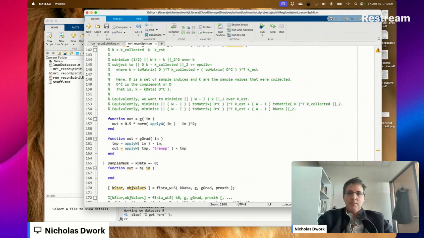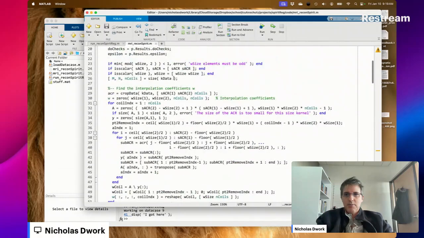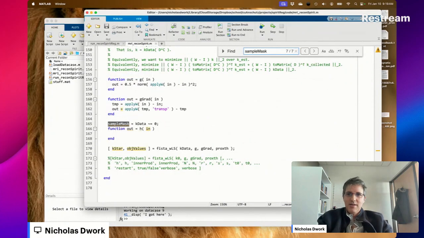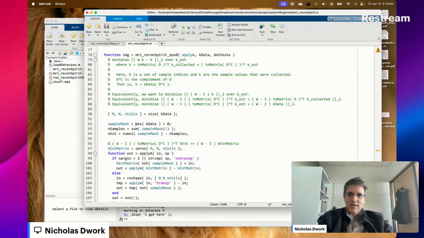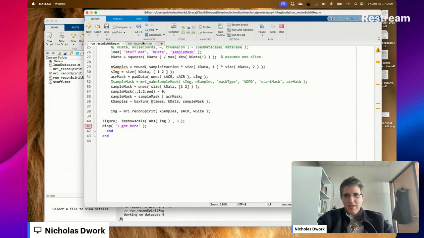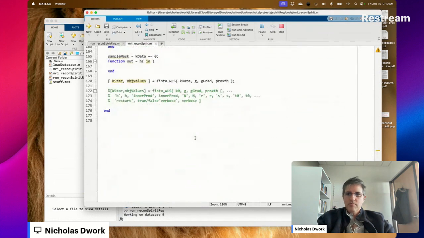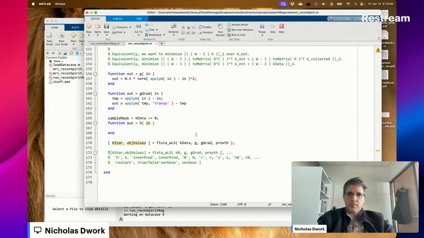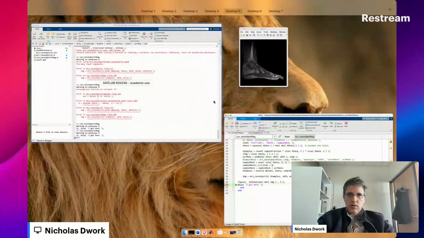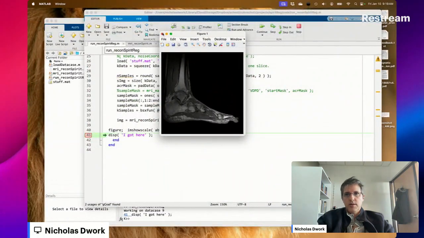So this is going to be a ton better. Okay, where's sample mask before? Let's just make sure it still works. All right, still works.